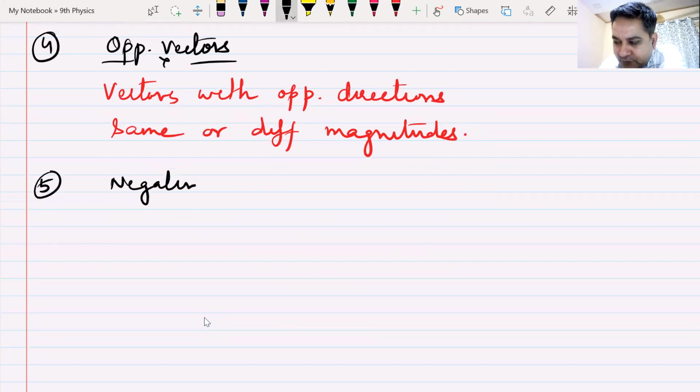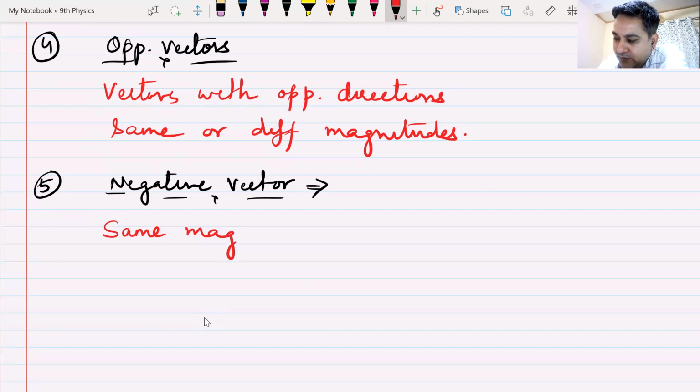Negative vector. What do you mean by negative vector then? Same magnitude and opposite direction.